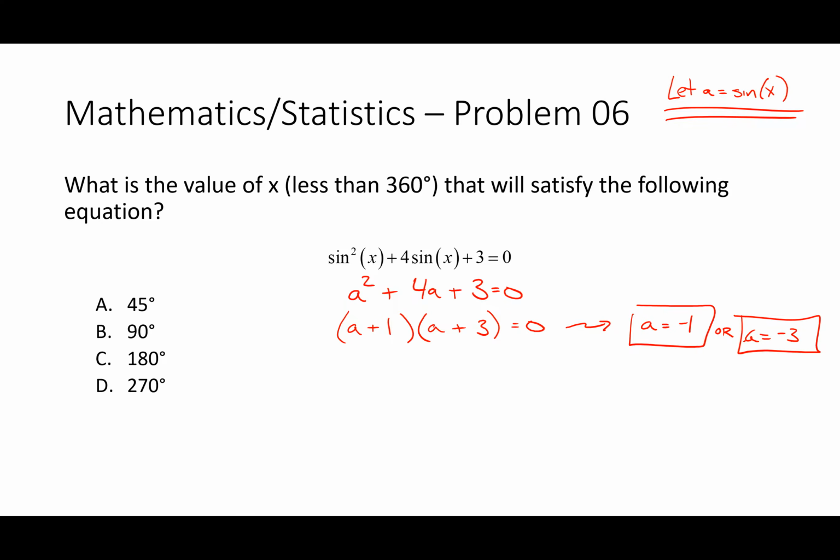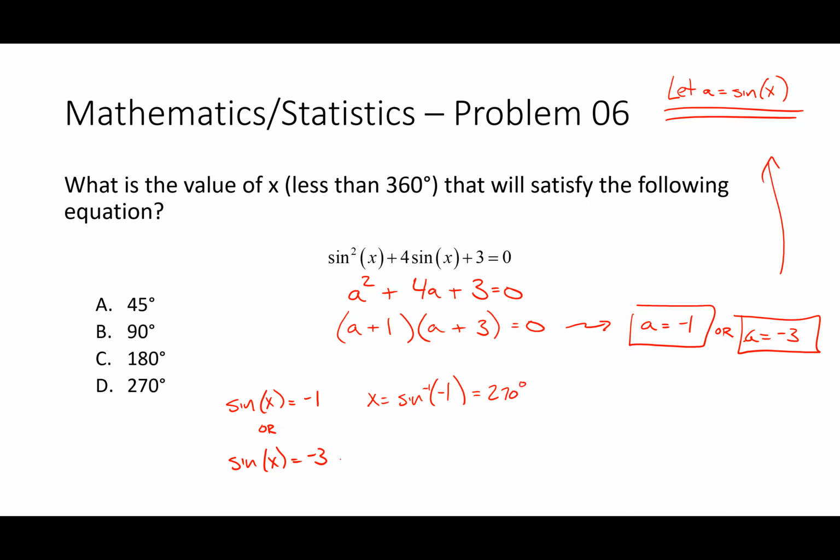Now let's go back to this part right here. That means that the sine of x has to be minus 1 or the sine of x is minus 3. And then you think to yourself, what's the answer? Well, first off, you could just say x is the arcsine of minus 1, and you can plug that into your calculator. I'll go ahead and tell you, you'll get 270 degrees.